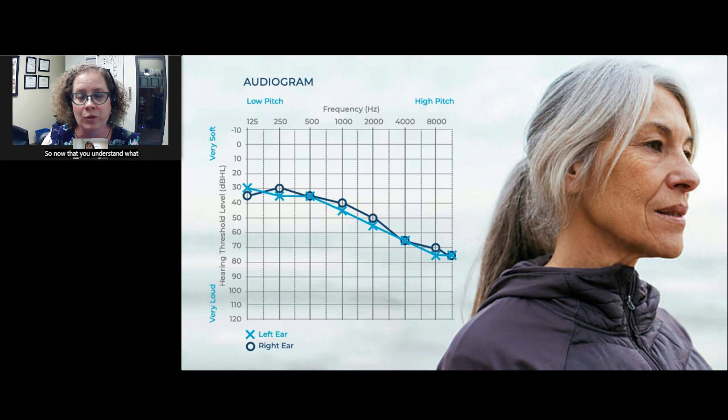So now that you understand what an audiogram is telling you, let's focus on the area of the audiogram that corresponds to the sounds that we want to and need to hear every day. And that's the range between 0 and 60 decibels.